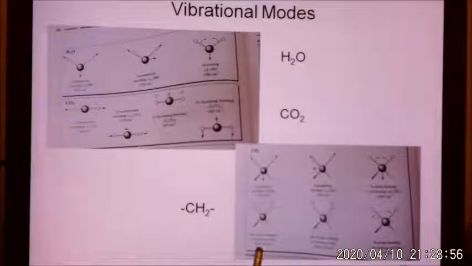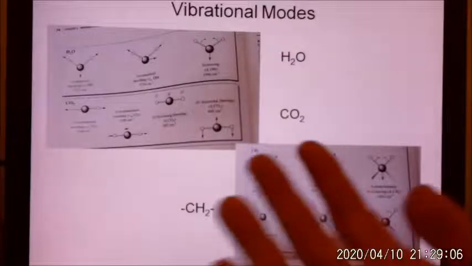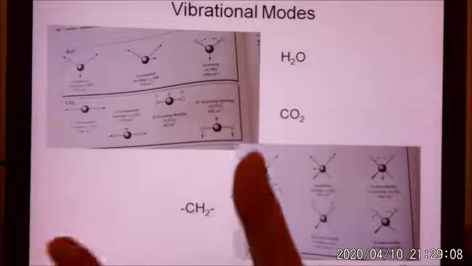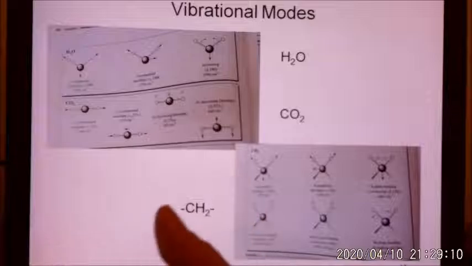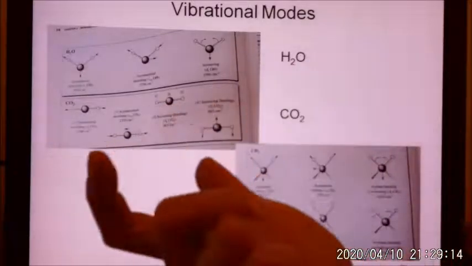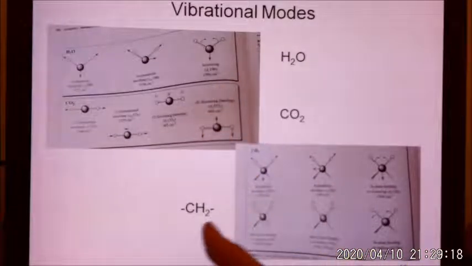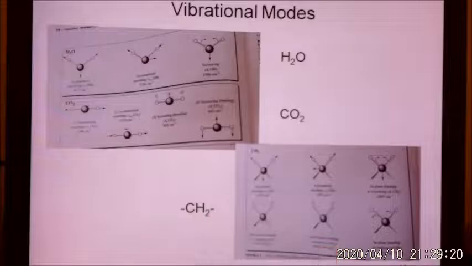What's interesting here is the out-of-plane bending, called wagging and twisting. Wagging, if this is my carbon right here, is where the hydrogens are both going out of the plane and in the plane. Twisting is kind of like you're exercising, twisting this way. And then the in-plane bending, or rocking, you're just rocking. That's at 720, and that can be fairly distinct.